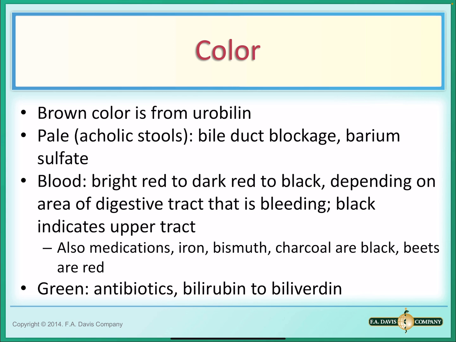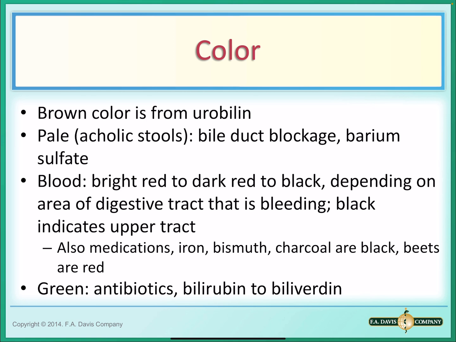Blood that originates from the esophagus, the stomach, or the duodenum takes approximately 3 days to appear in the stool. During this time, degradation of hemoglobin produces the characteristic black tarry stool. Blood that comes from the lower GI tract requires less time to appear, and it retains that bright red color.